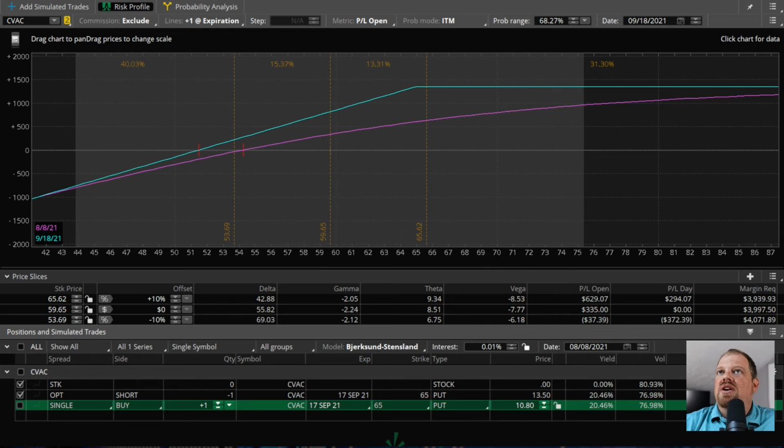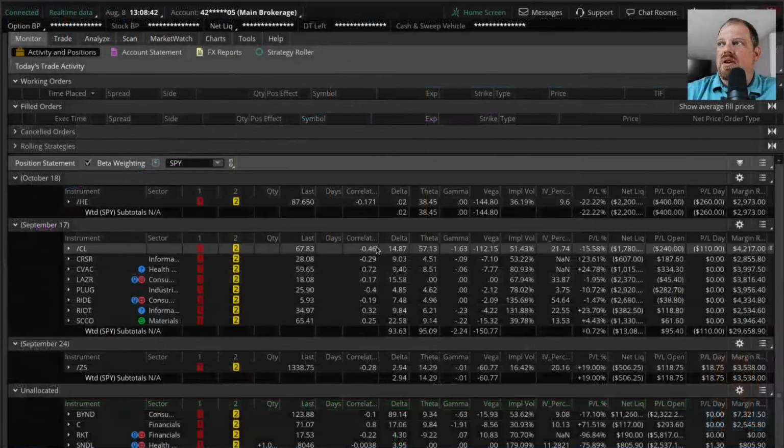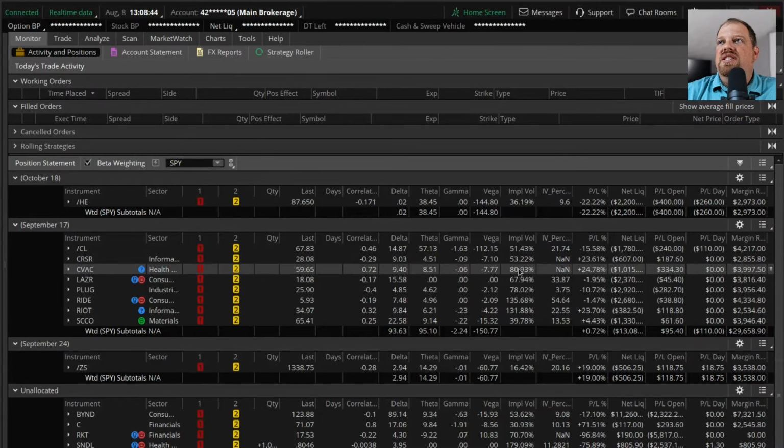And if I actually go to the main brokerage window and look at the P&L here for CVAC, it actually says that I'm 25% up on the trade. And the reason for this, and this is oh so important, is that when you start to roll, you need to keep track of your past credits, because this can be misleading and it might lead you to say, I'm going to take this off the table right now and book my 25% profit.